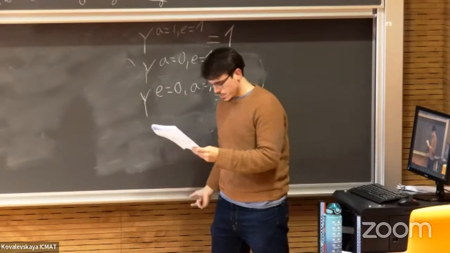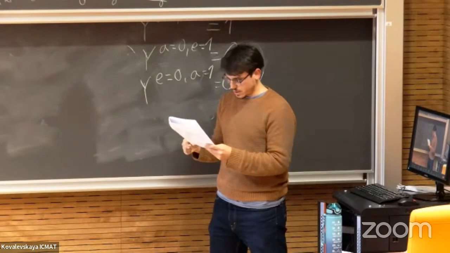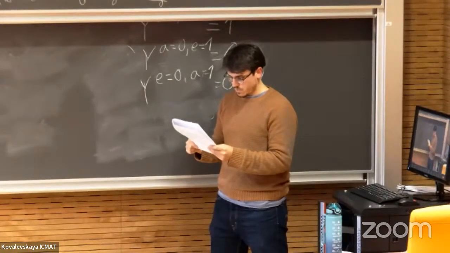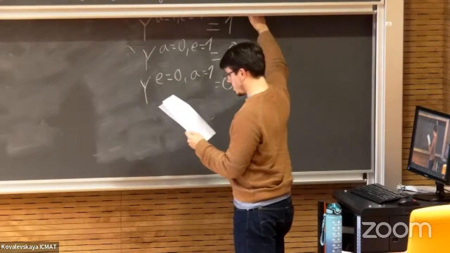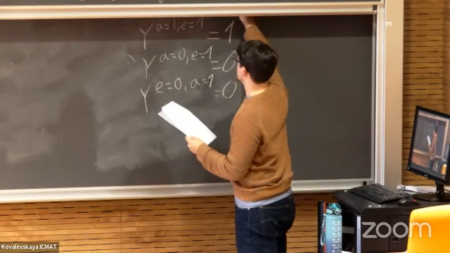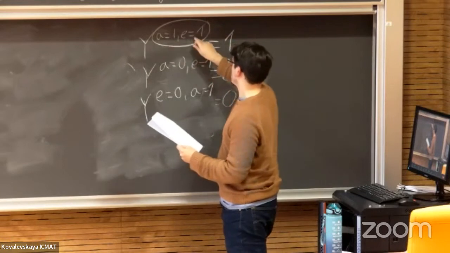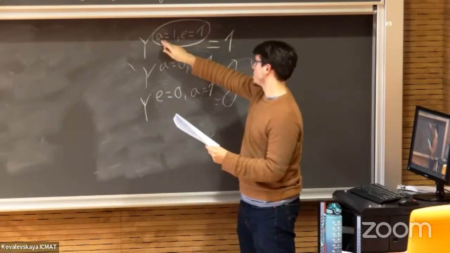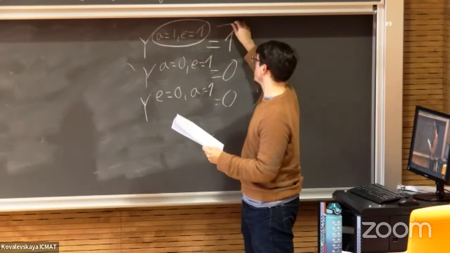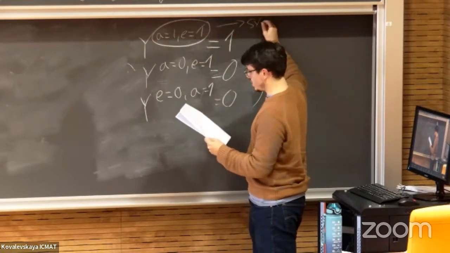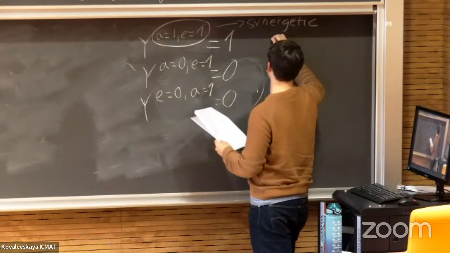So what else? It says that there is a difference when there is an interaction where A equals 1 and E equals 1. This is called a synergetic interaction.